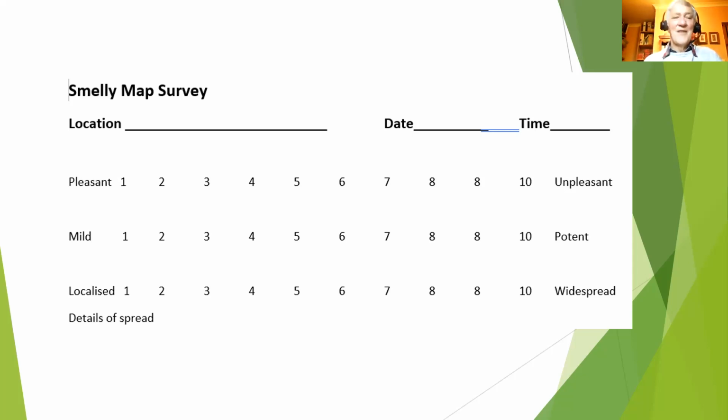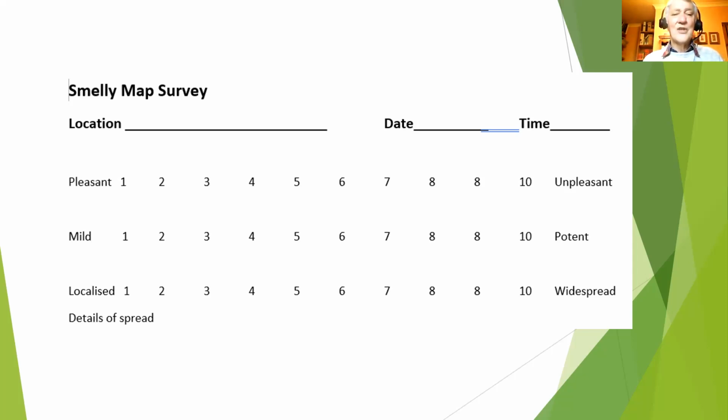And then I think you've got to go into details of the spread of the smell. As you walk down the street, how long does that smell last? And does it get stronger or weaker? And so on your recording map, maybe you can find some way of showing the core of the smell and how the smell spreads out from that core.